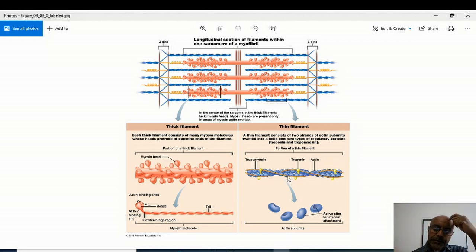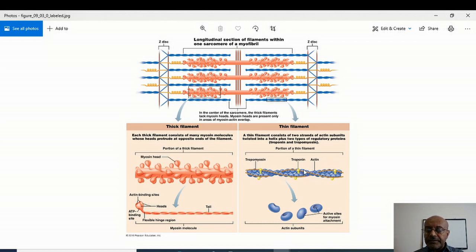So notice that this thin myofilament is a chain of these beads. They are actins actually. They have active site on them. That's to which this myosin head attaches. But these active sites are covered. When a muscle is relaxed, they are covered by troponin tropomyosin chain.